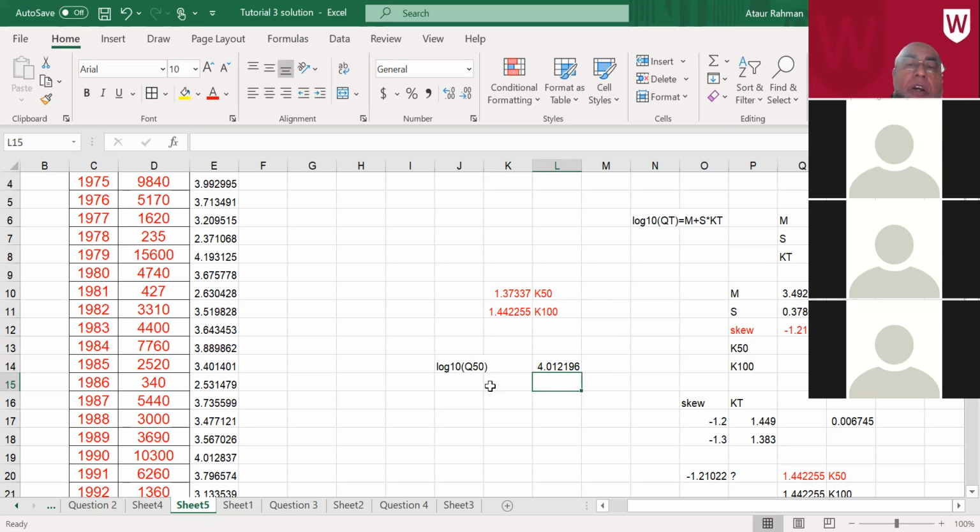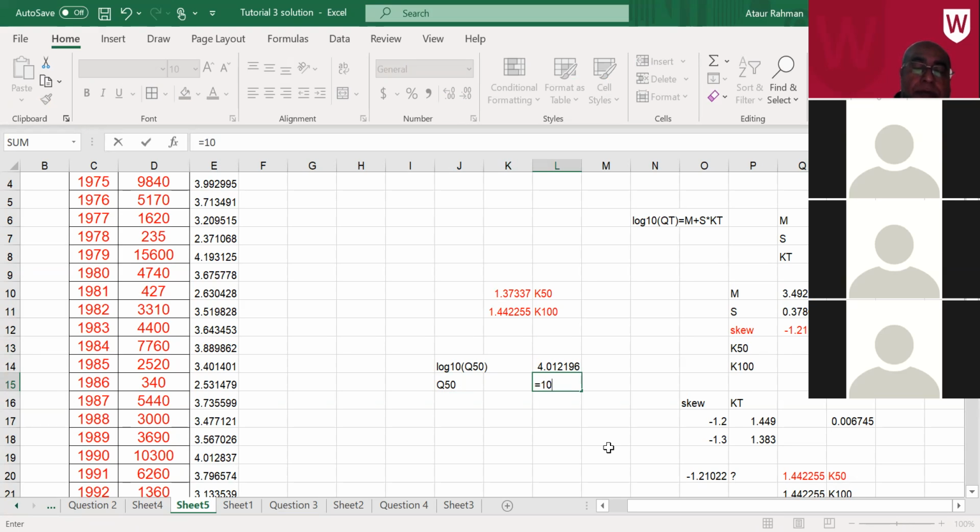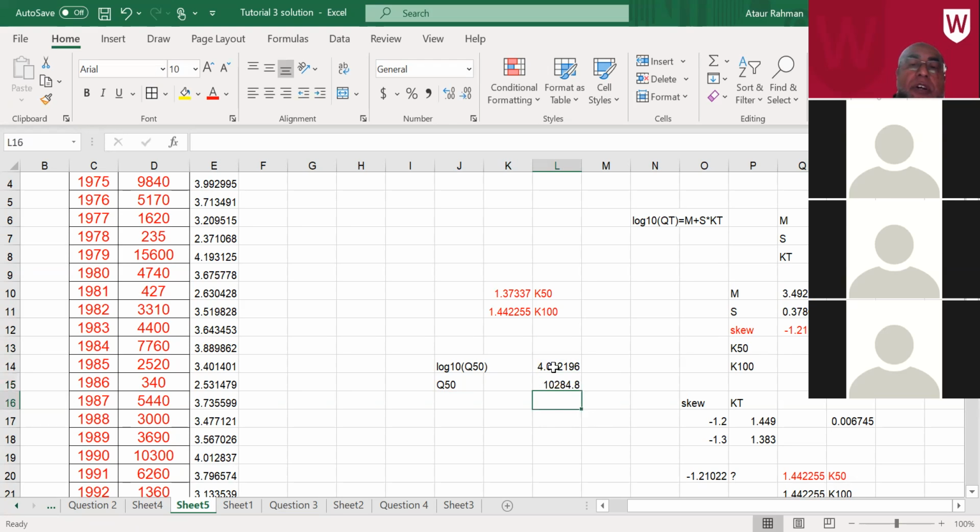So this is the log 10 Q50. So then Q50 would be 10 to the power this value. So that is our Q50 estimation.